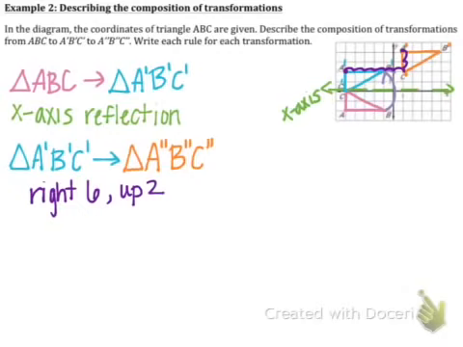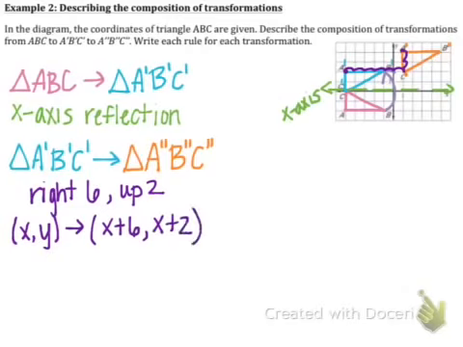If this is a translation, we need to write this in our translation rule form, which means (x, y) goes to (x + 6, y + 2), since x's are right and left. So that's our composition of transformations.